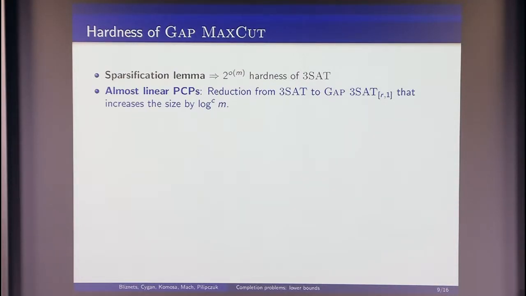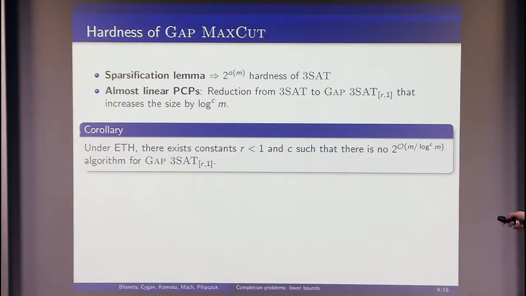And this reduction incurs only a polylog blowup in the instance size. So by combining these two facts, first the sparsification lemma and then almost linear PCPs, you get the following corollary. Under ETH solely, you have some constant r that is bounded away from 1 and a constant c, such that there is hardness to the order of m over polylog m for gap FreeSat with a constant size gap.